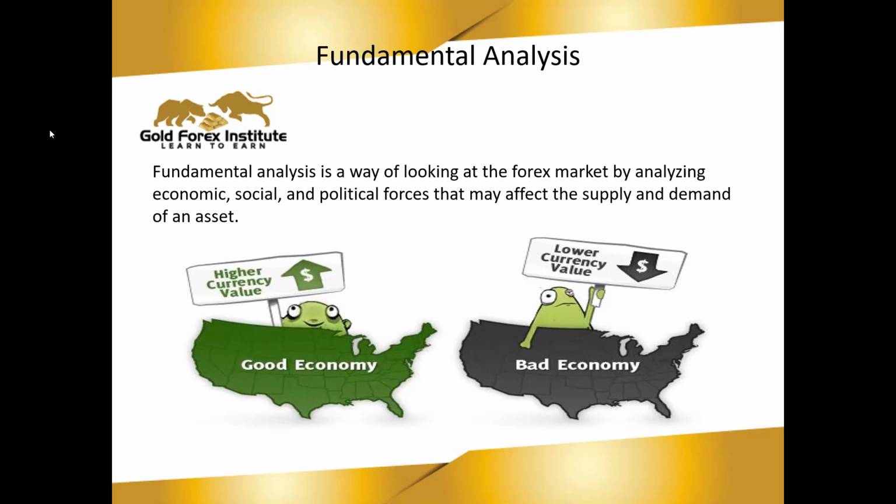So you see this place: higher currency value, good economy; bad economy, lower currency value. If you study the currencies, you see that some are having higher value, some are having lower. Those having higher are the good currencies. Those having lower are the bad currencies.